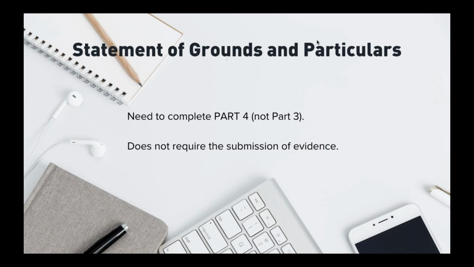Your reasons do not need to be detailed, but they do need to provide a brief explanation of the facts and circumstances that surround the use or intended use of your trademark. Going back to Lisa's example, if she chooses to file a statement of grounds and particulars, she might want to explain the facts and circumstances around how she has used her trademark.